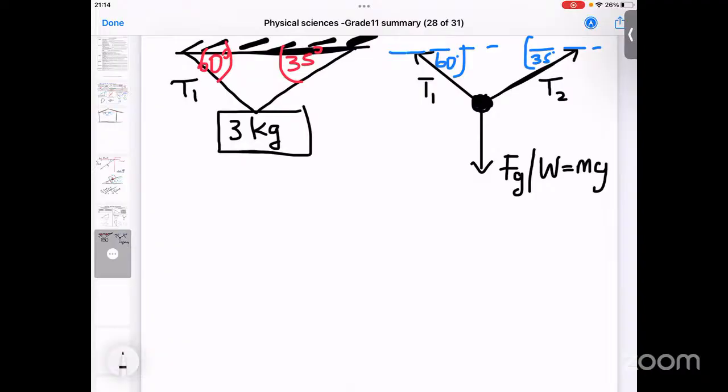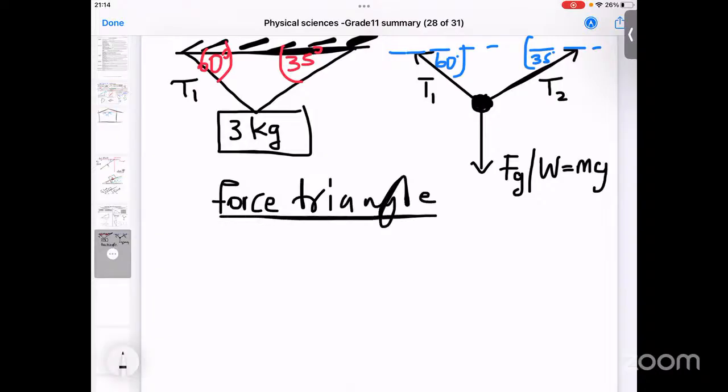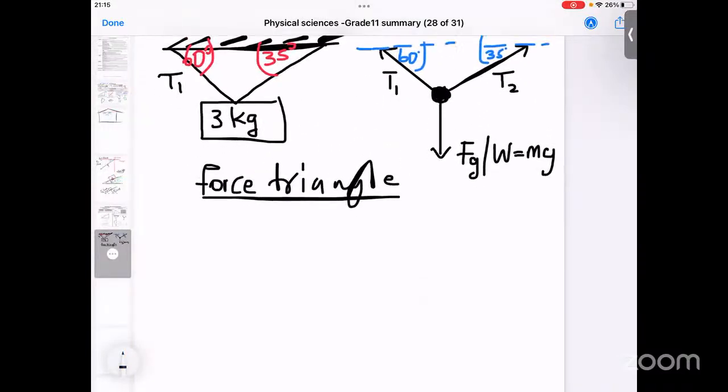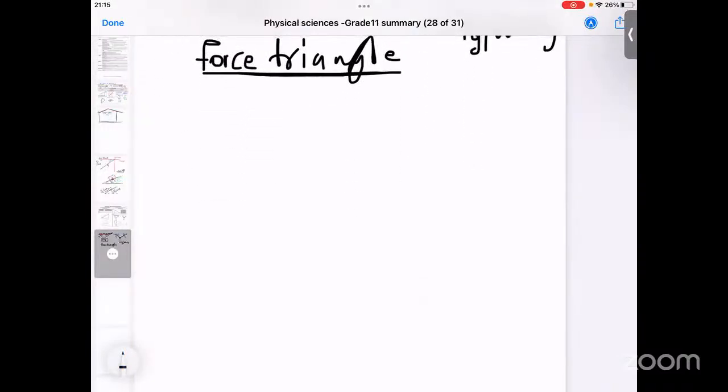Maybe very quickly, let me do this and say, when it comes to force triangle, remember on the previous lesson where we had to do the manipulation. So we have to manipulate those forces and draw them in the form of a triangle, whereby we definitely have the downward force as a result of the force by gravity, which is equal to mg, that we know.